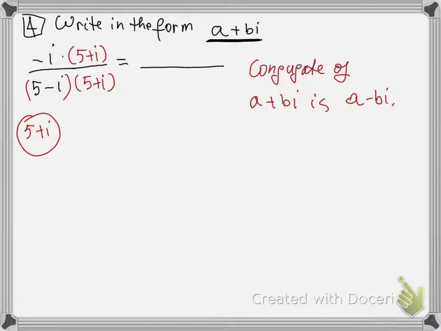In the numerator, we're going to distribute the negative i. So we have negative 5i minus i squared.